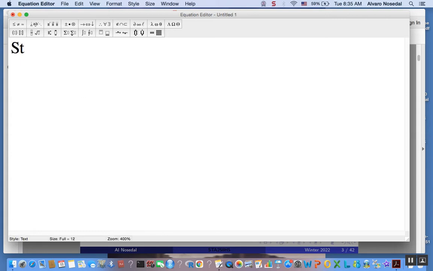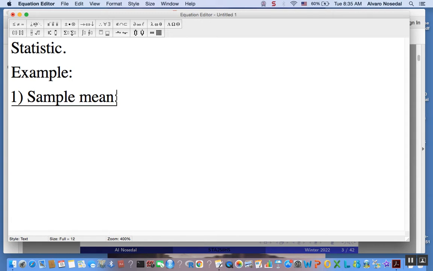Example of a statistic: one, the sample mean. The sample mean is defined like this.